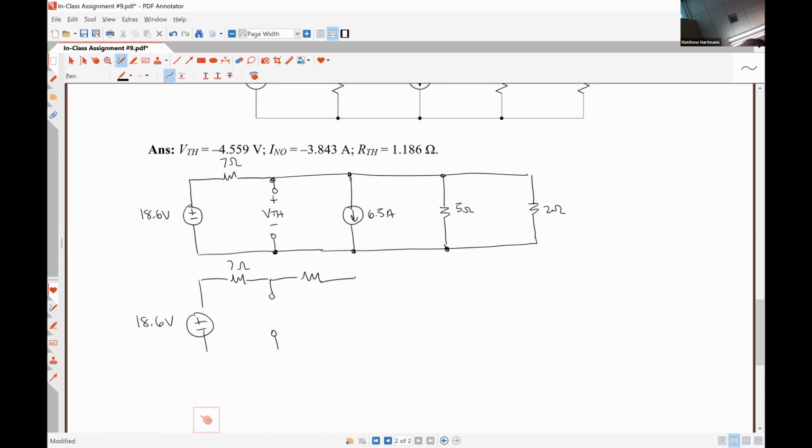So 5 in parallel with 2 is 5 times 2 over 5 plus 2, so that's 10 over 7 ohms. And then we're going to have minus plus 6.5 times 10 over 7, which is 650 over 7 volts. And then here is VTH.